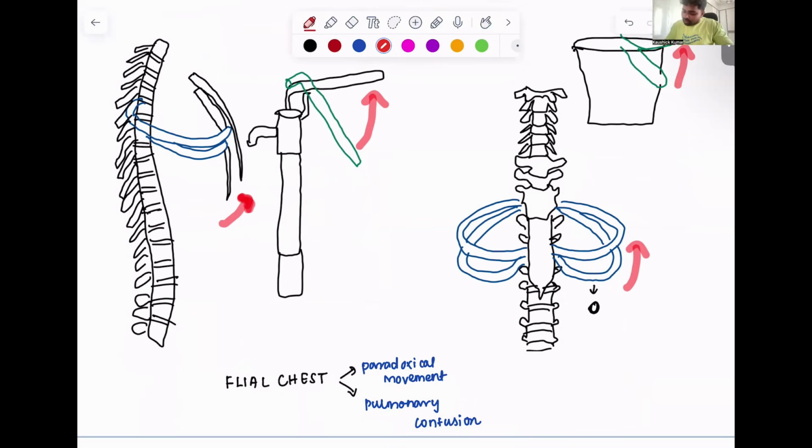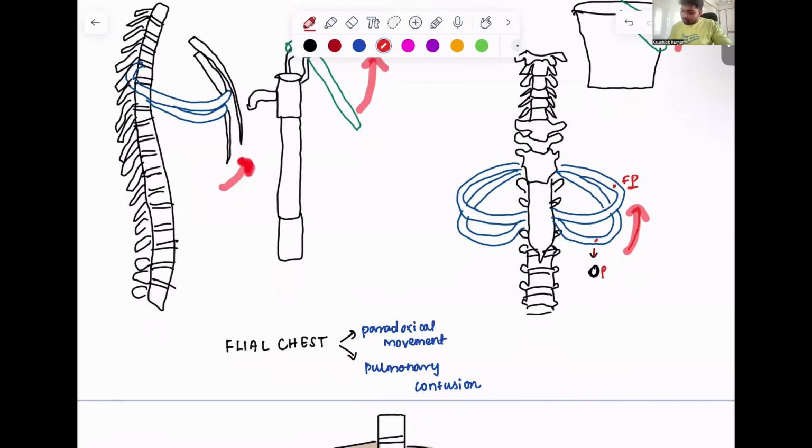As you can see, when external intercostal contracts, this original position has eventually gone up like this. This is the original position, and this is the final position. Because of this action, the horizontal diameter of the thoracic cavity increases, right?